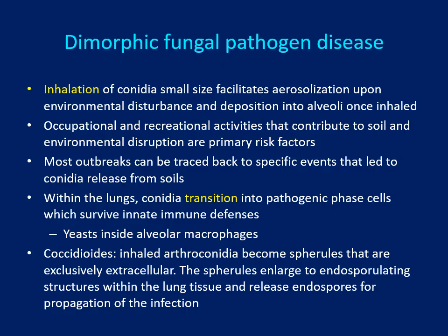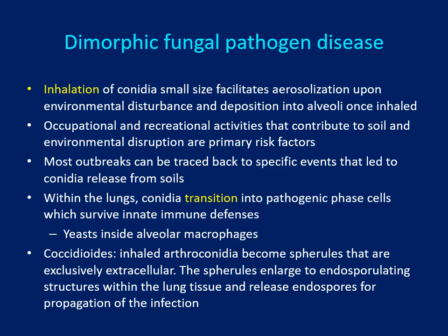Within the lung, conidia transition into the pathogenic phase cells, which survive innate immune defenses, so they become now what we call the yeast form, we know them. So they are yeast inside the alveolar macrophages, while the Coccidioides inhaled arthroconidia become spherules that are exclusively extracellular.